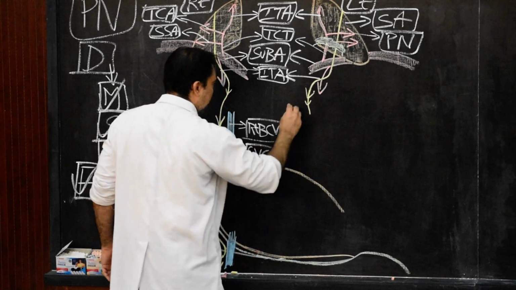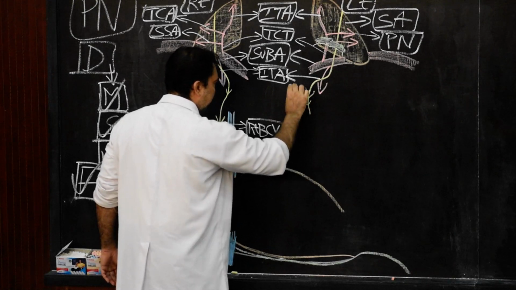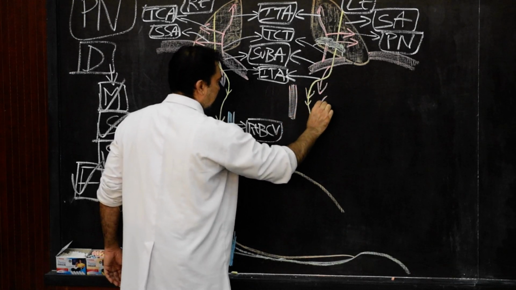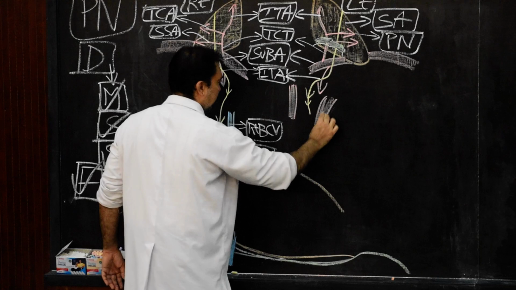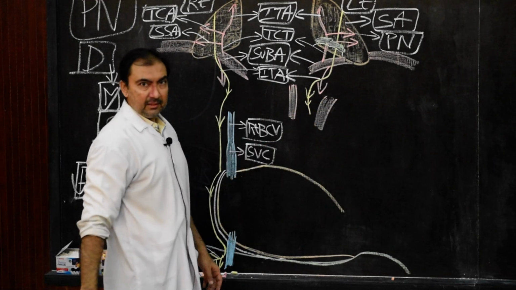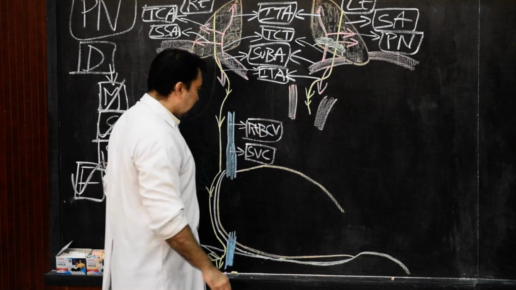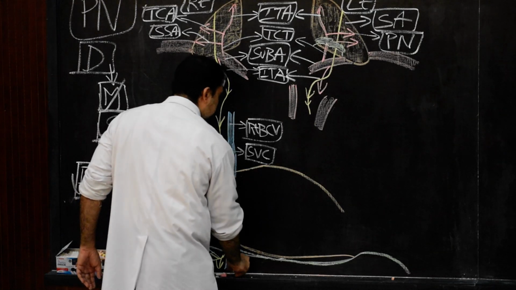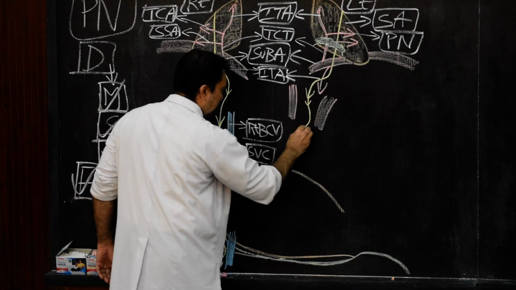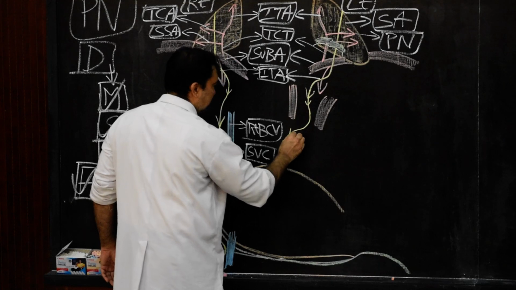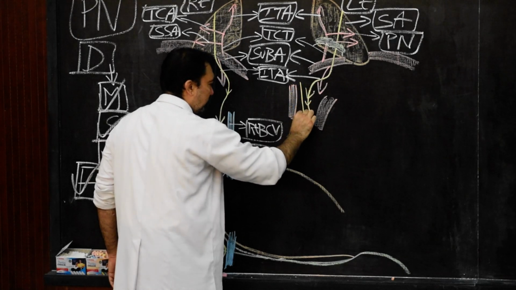Now in between, if we show the left common carotid artery and the left subclavian artery in this way, then here the phrenic nerve will cross one structure that is known as the left vagus nerve.